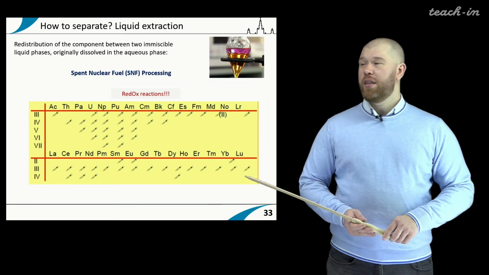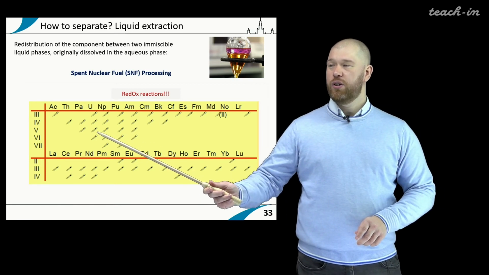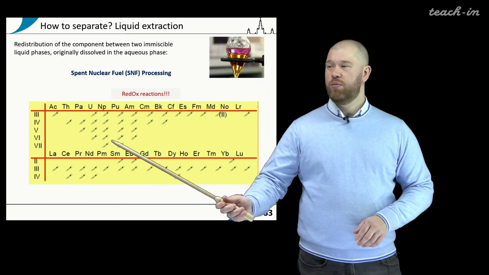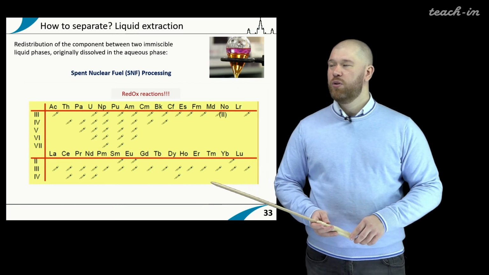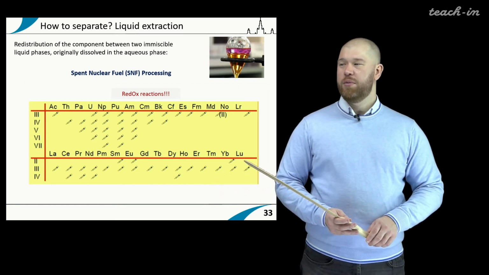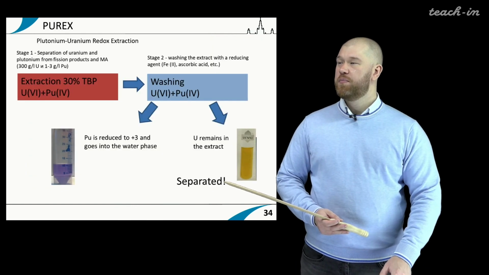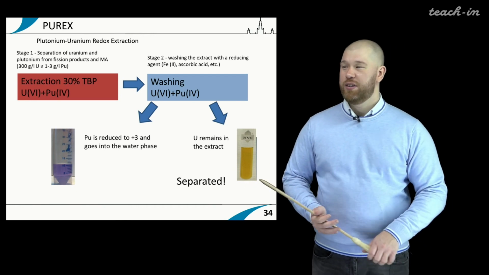And this method is based on the different redox chemistry of actinides, so uranium and plutonium, our main actinides in nuclear fuel, and all the other elements, including the rare earth elements. So the Purex process also looks very simple.